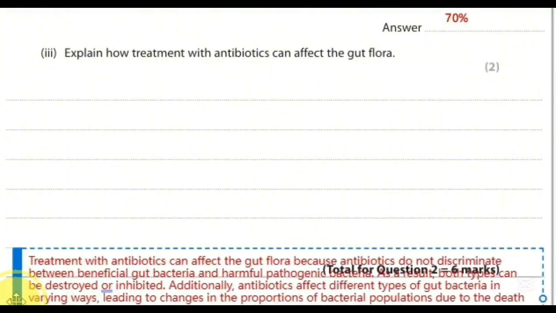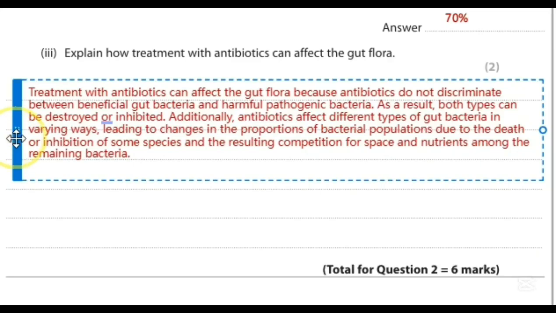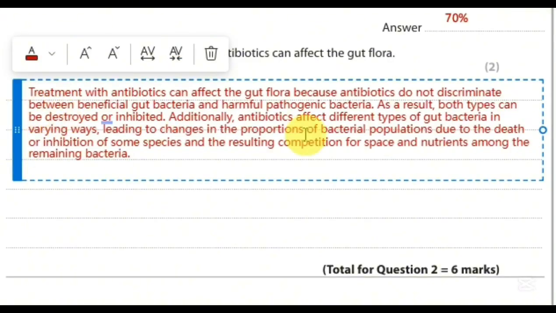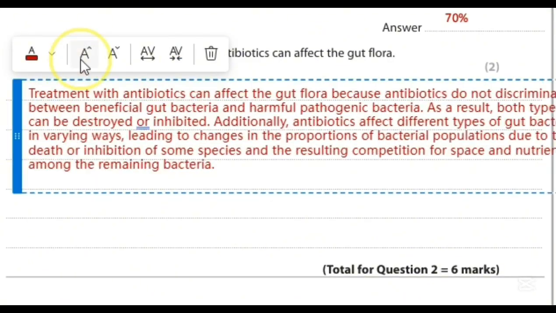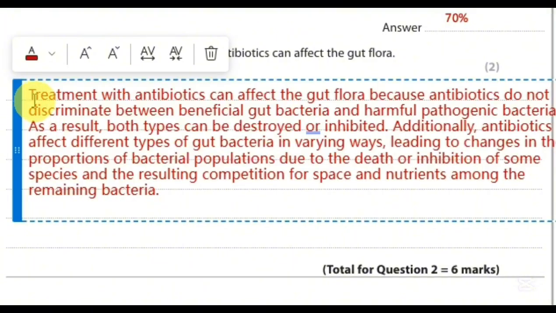Okay, so let's see the answer. Treatment with antibiotics can affect the gut flora because antibiotics do not discriminate between beneficial gut flora and harmful pathogenic bacteria.